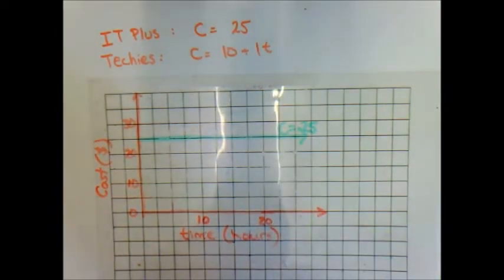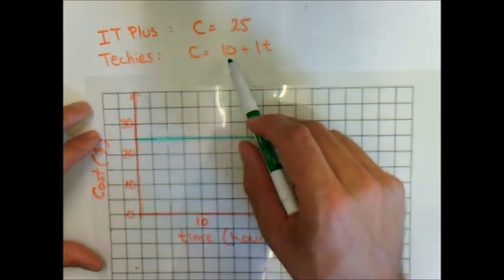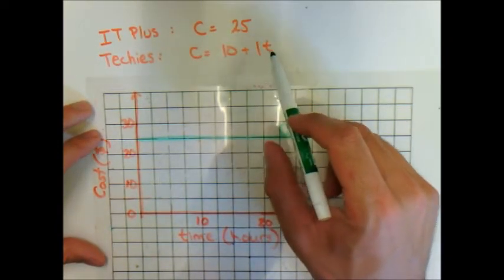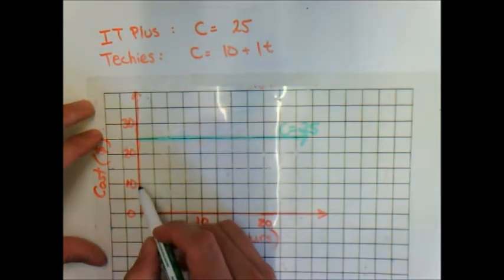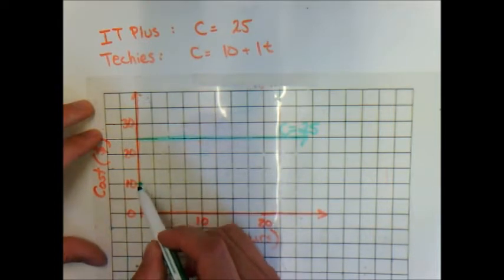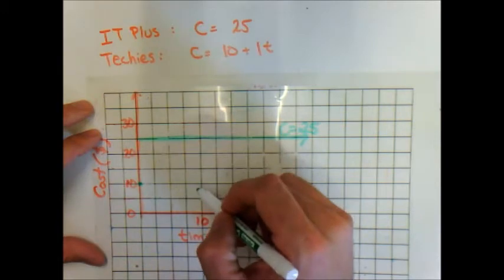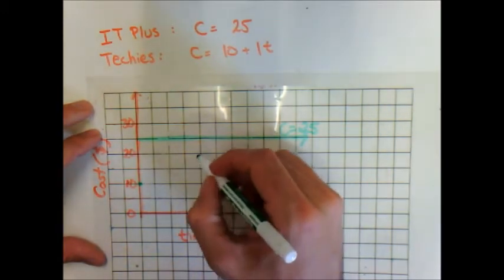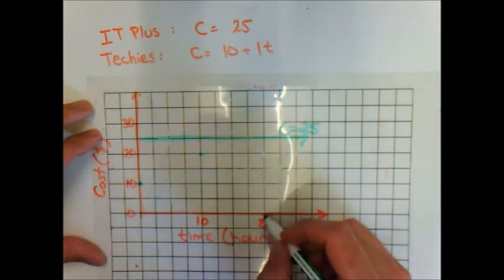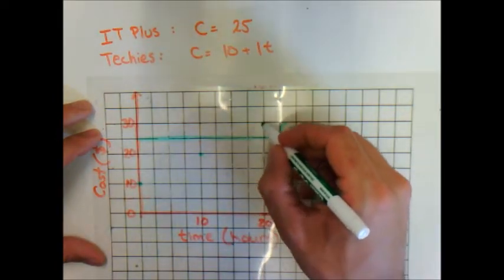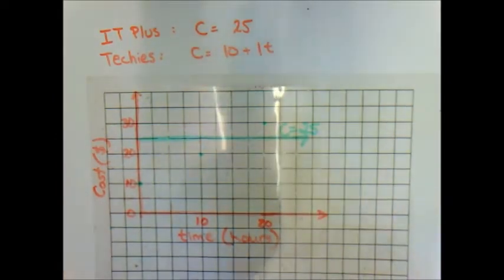My next line is for Techies. C is 10 plus 1t, so no matter what, at 0 hours, a flat rate of $10, and then every hour is another $1. So if I go over 10 hours, I should be going up $10. If I go over another 10 hours, I should be going up another $10.